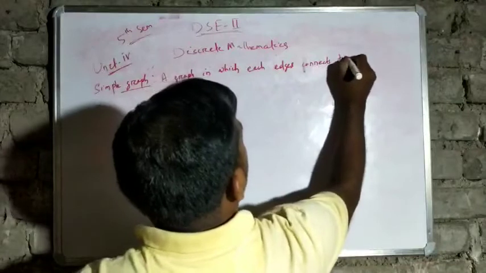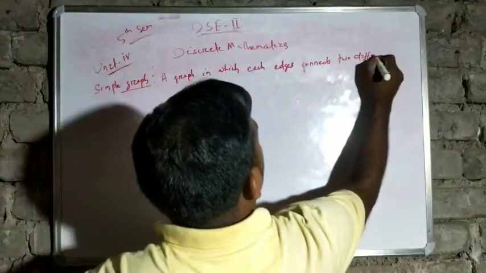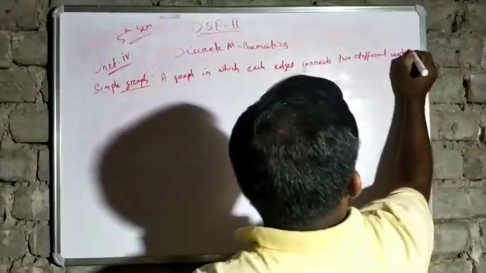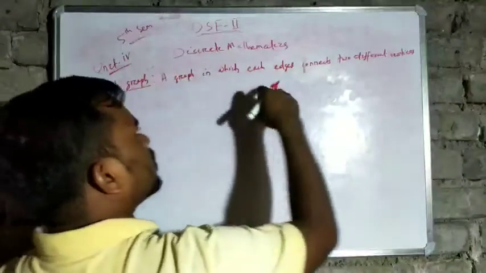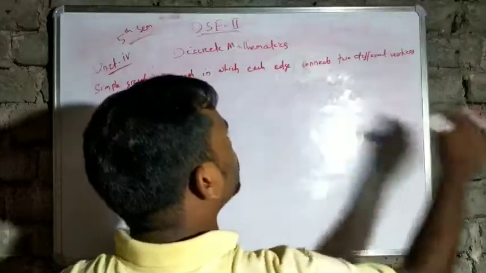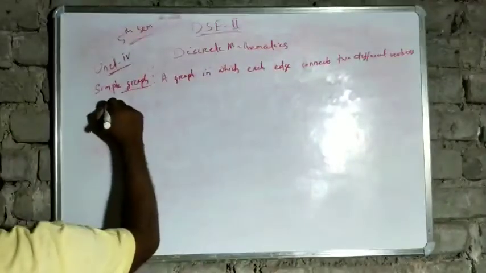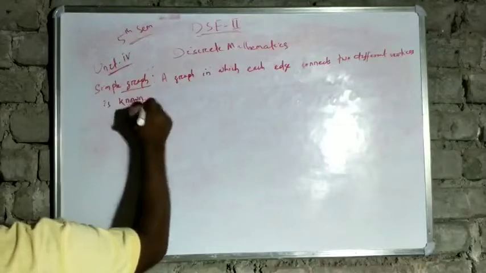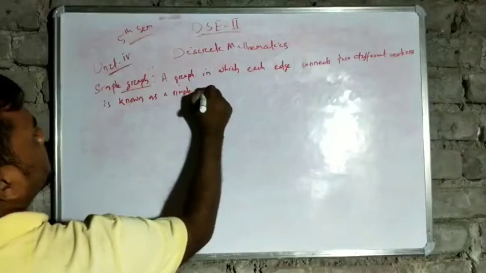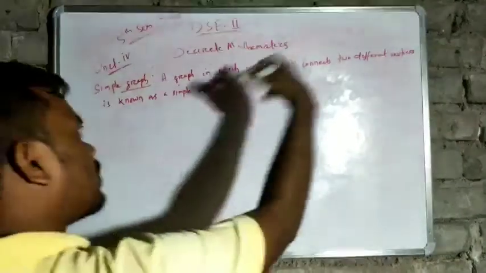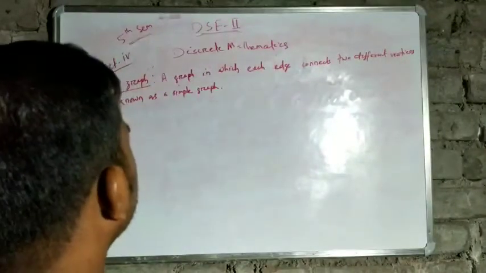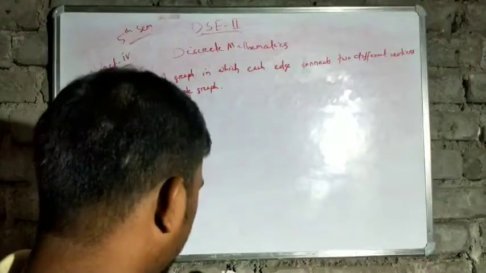A graph in which each edge connects two different vertices is known as a simple graph.